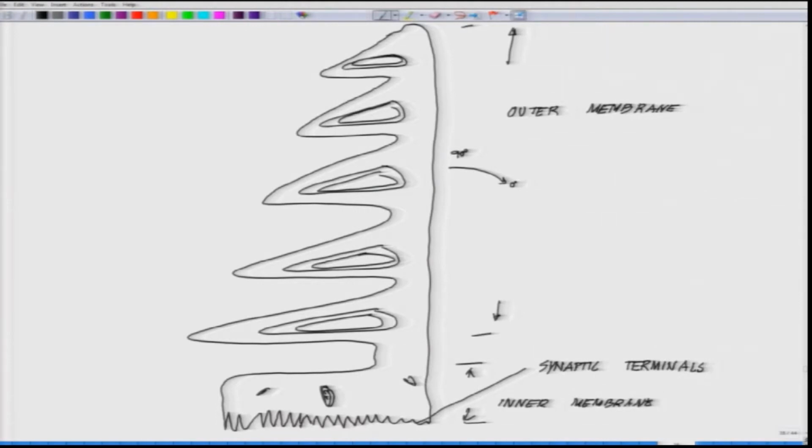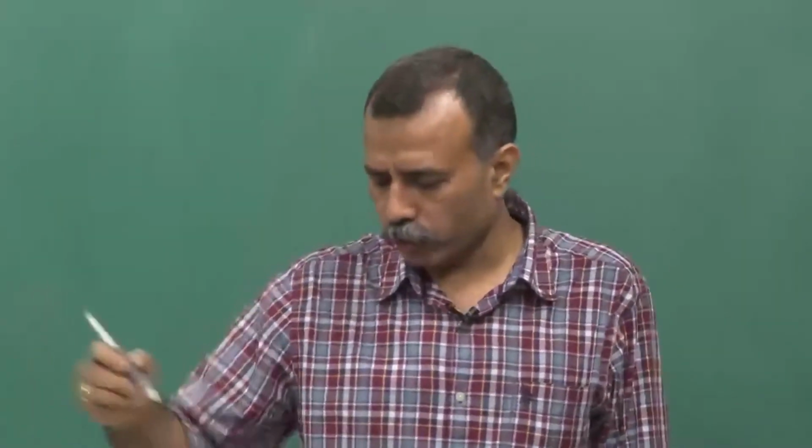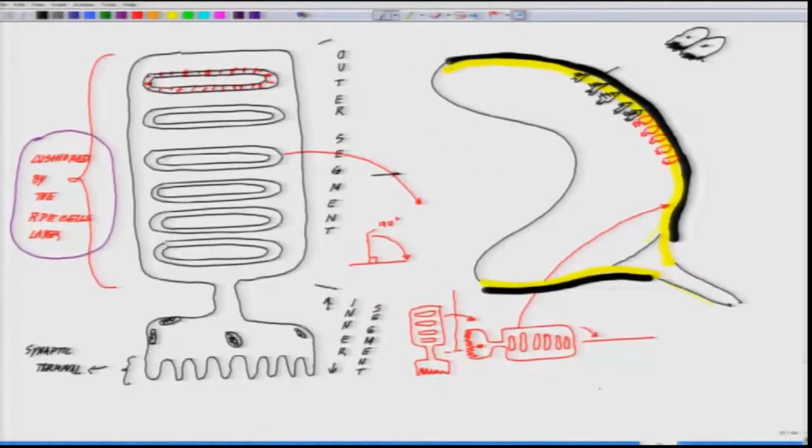So now in the light of this, we have talked about the anatomy of the rods and the cone cells and their position on the retina. Followed by that, there are 4 other cell layers which are to follow. If this whole structure is here, this is the synaptic zone.